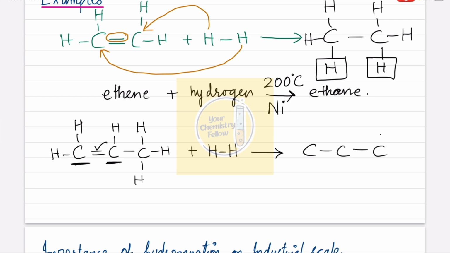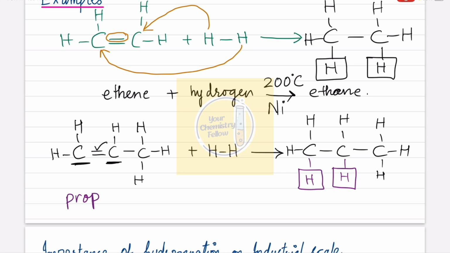A chain of 3 carbon atoms is formed and the rest of the bonds will be made with the hydrogen atoms. These are the 2 hydrogen atoms that are added to the alkene, and as a result an alkane is produced from propene. This is prop. As the double bond is present between carbon 1 and 2, the name of this alkene will be prop-1-ene. So when prop-1-ene undergoes hydrogenation, as a result propane is formed.